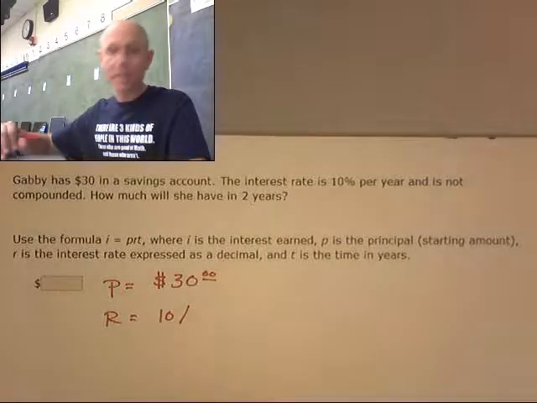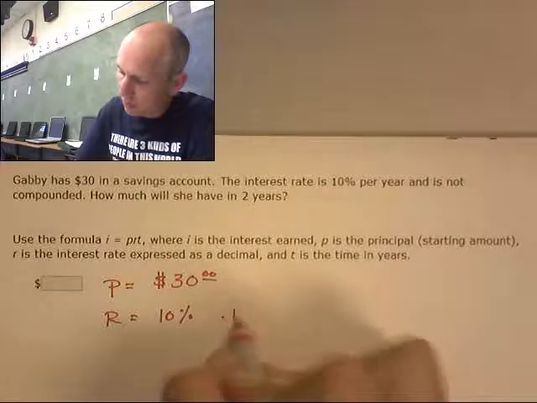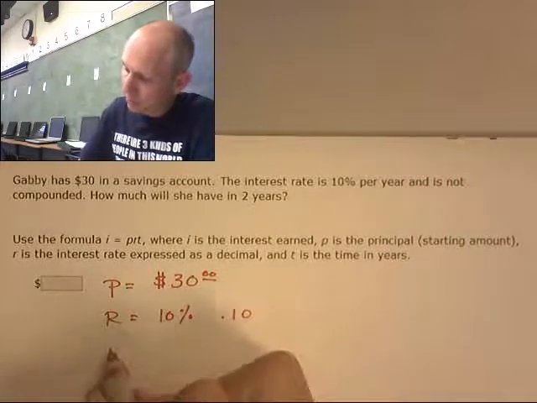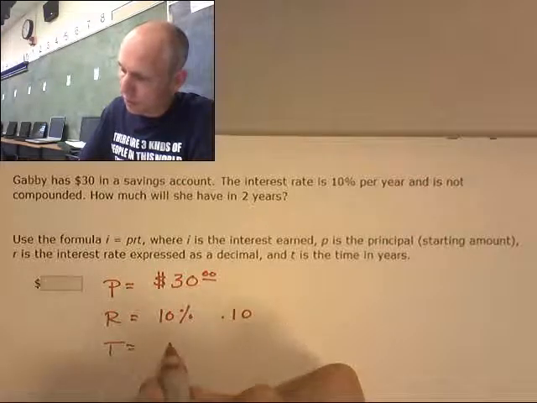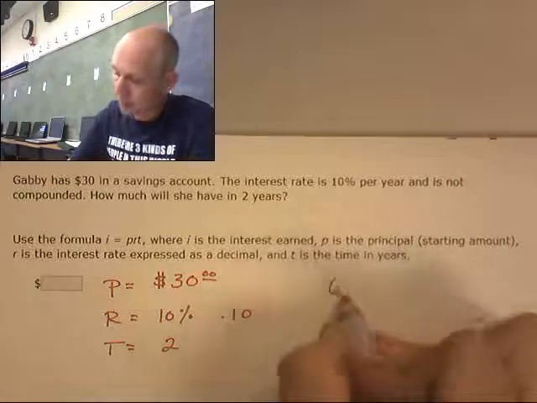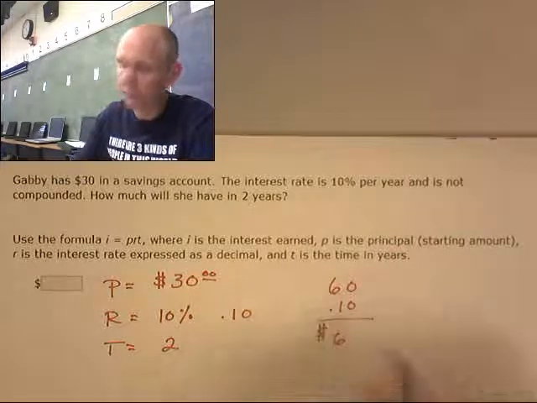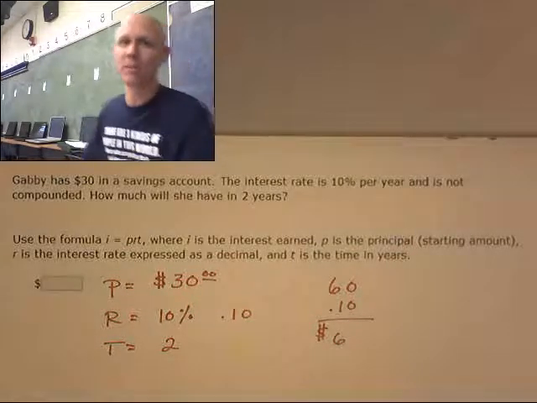Okay, it's the same problem except with $30. Good job, Mike. 10% a year, and she's going to put it in for 2 years. So what's 2 times 30? That's 60. Times 10% gives me $6. Sorry that it was pretty much the same question.